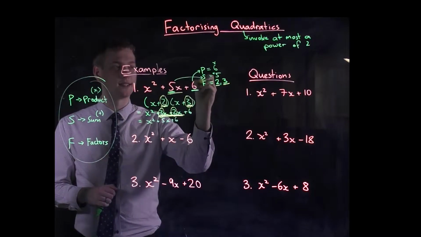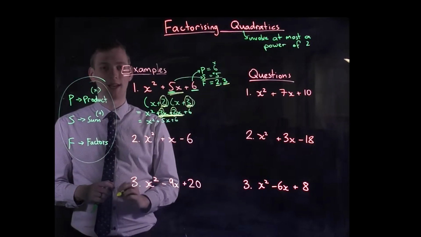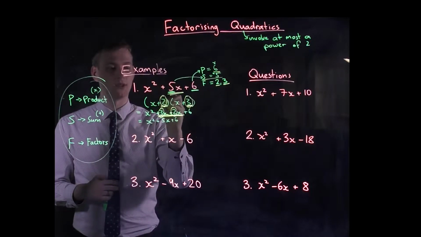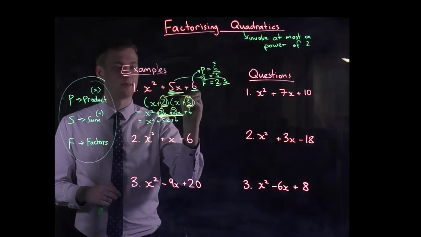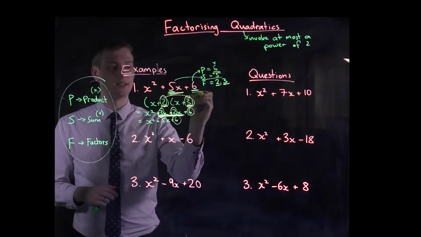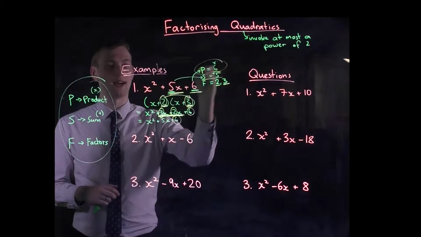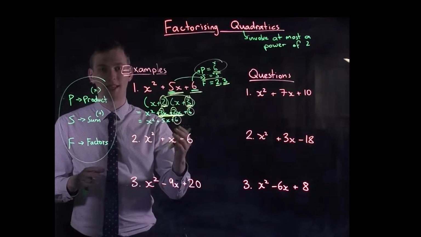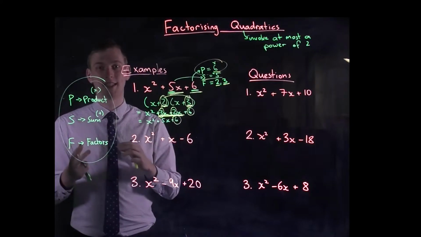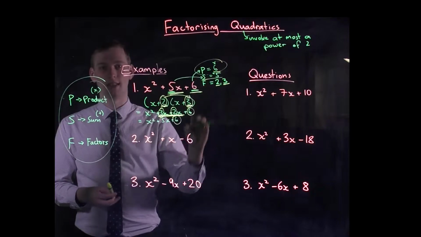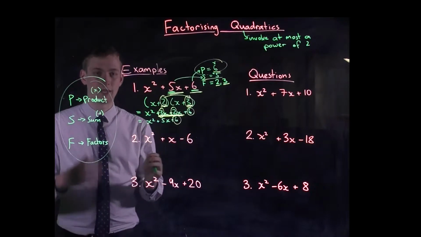So that's why our sum is this part here. Our product, where we multiply our 2 and our 3 when we're expanding, is the final term, which ends up being the constant that stays the same. So it's the 6. So that's why this part has a product. Hopefully that explanation makes sense to you. What you need to understand is how to use the PSF method, but it's helpful to know why we can use that.